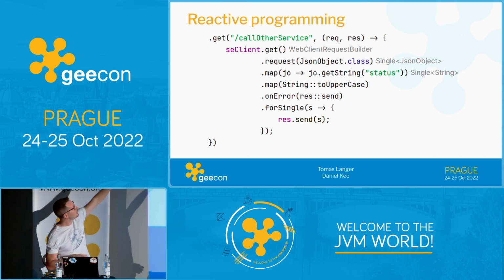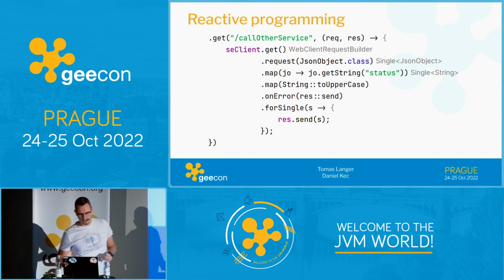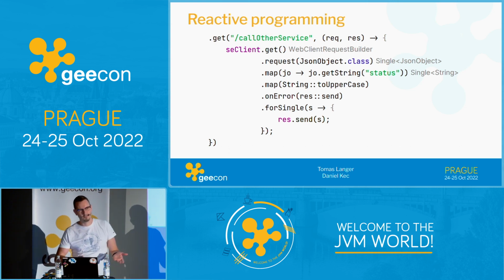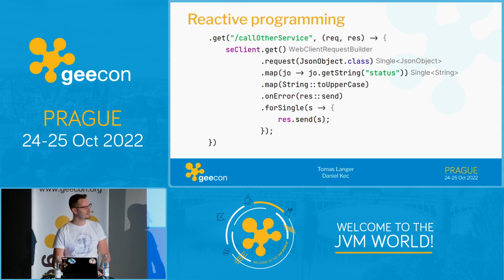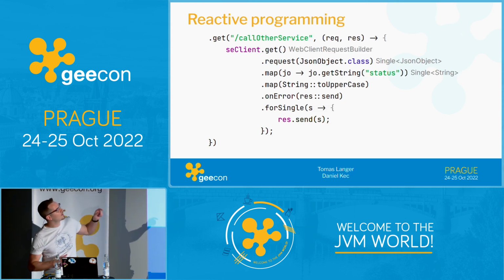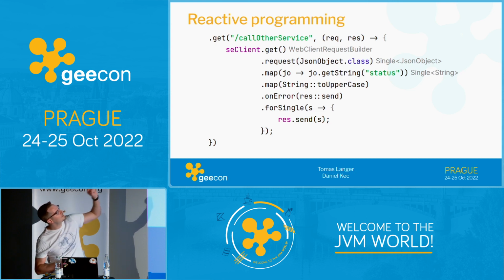But you cannot block this thread, obviously, because in the event loop there are like 4 threads. So if you block one of them or 4 of them, your server would just become unresponsive. So instead of that, we will use our reactive HTTP client, which will call another service, but we will use the thread only for creating the request.